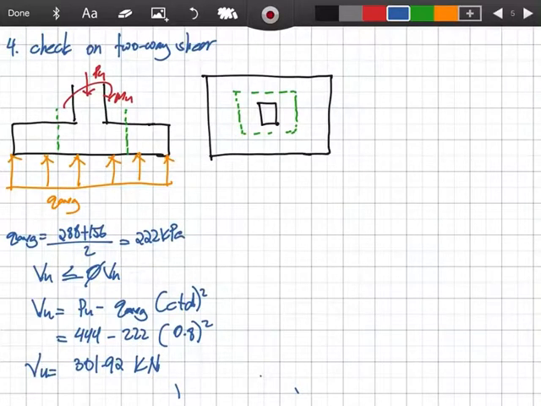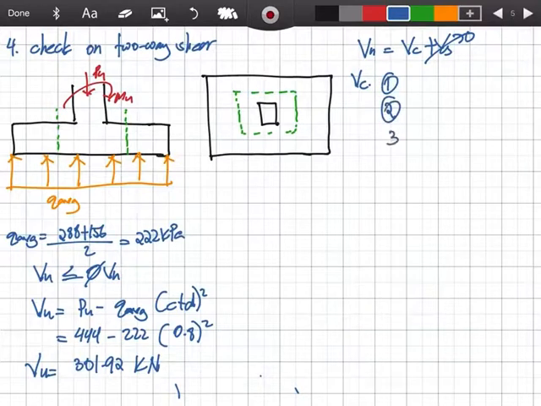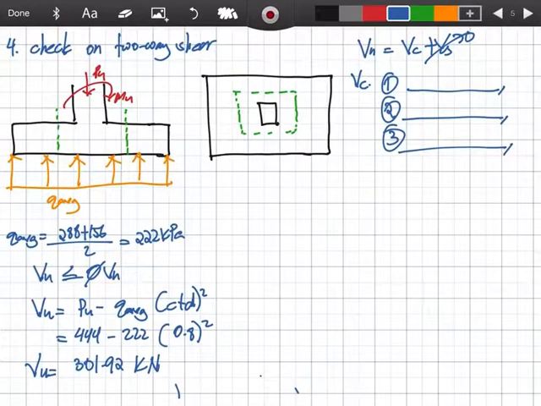Okay, so our Vn is equal to Vc plus Vs. But Vs is 0. So, Vc na lang. And then, ang Vc merong tatlong equation. So, ang gagawin nyo, itutuloy nyo to sa notebook nyo. Ano tong equation na to at paano yan isolve? What are those three values?